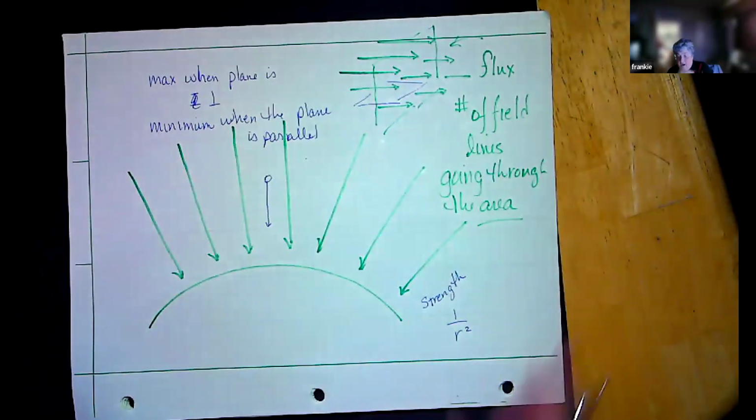And this gives us our idea that we're starting to play with when I'm dealing with Gauss's law. I'm going to see if I can come up with where we get.